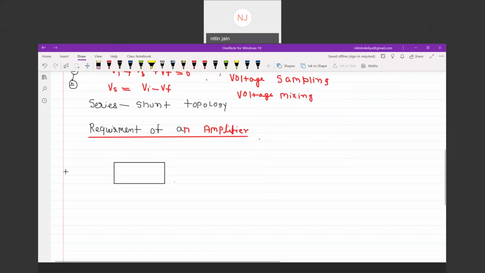When the input is voltage and the output is voltage, this amplifier is a voltage amplifier, and Vout is equal to A times Vin, where A is the voltage gain.